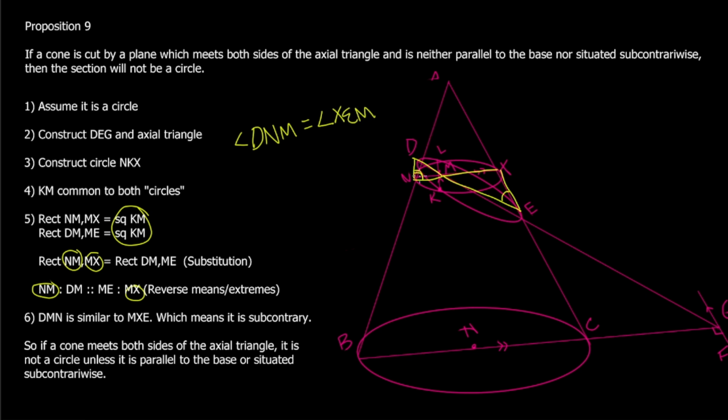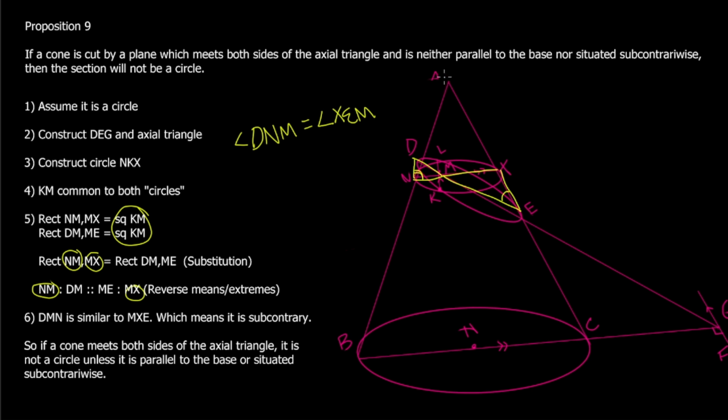Okay, so now let's think about these circles again. On one hand you have this constructed circle, which we constructed parallel to the base BC. I'm going to get yet another color. How about blue? And let's think about the triangles that it makes with the axial triangle.